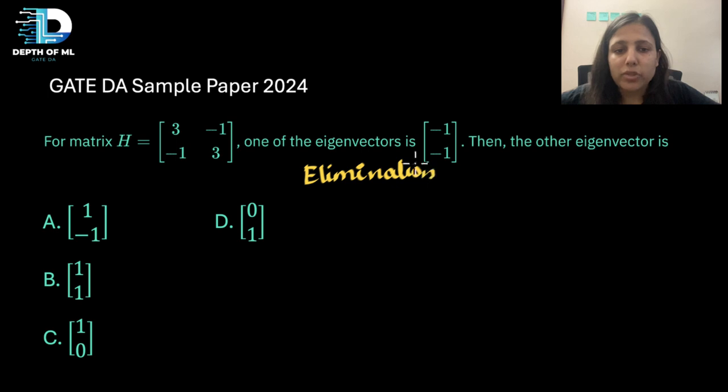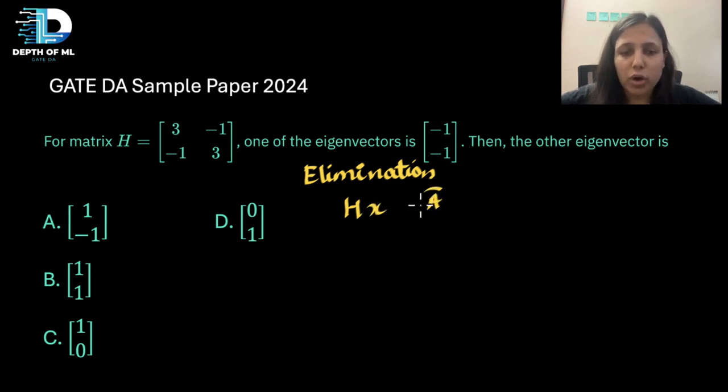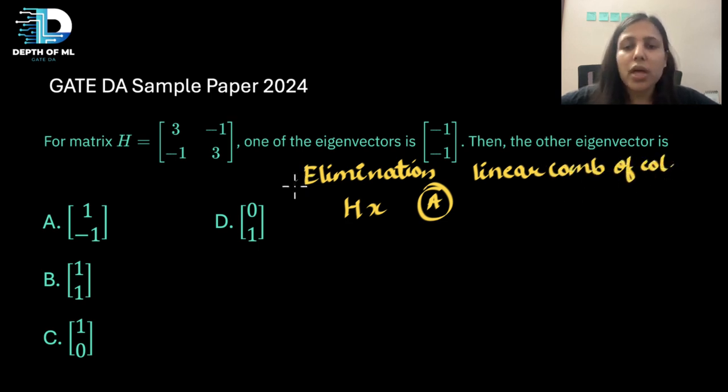So the first approach is elimination. Let me look at the first option, which is 1, -1. Let me multiply H and do Hx for the first option. Another thing that I will use here is the linear combination of columns while multiplying the matrix. There are multiple ways in which you can multiply a matrix. Here I will use the linear combination of columns of the first matrix.